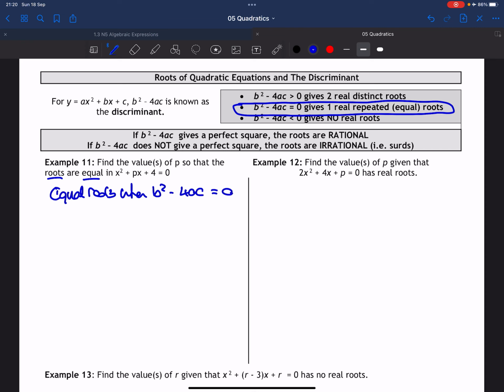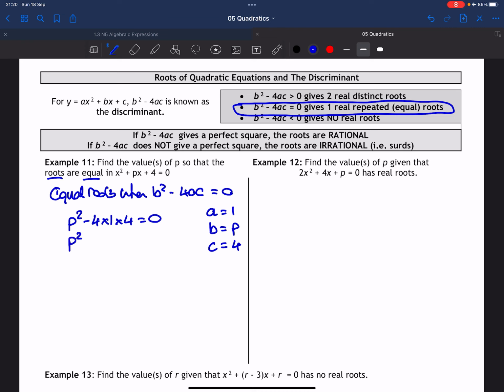So let's pull out the values of a, b, and c. So a is equal to 1, b is equal to p, and c is equal to 4. So let's substitute that into the discriminant equation. So that'll be p squared minus 4 times 1 times 4 is equal to 0.